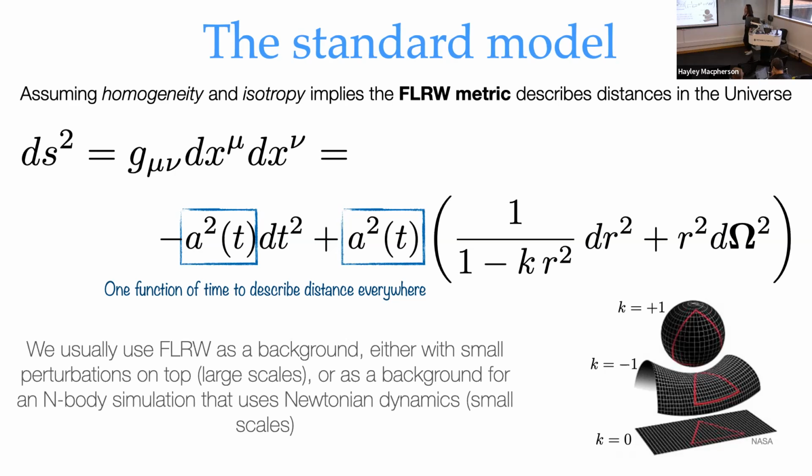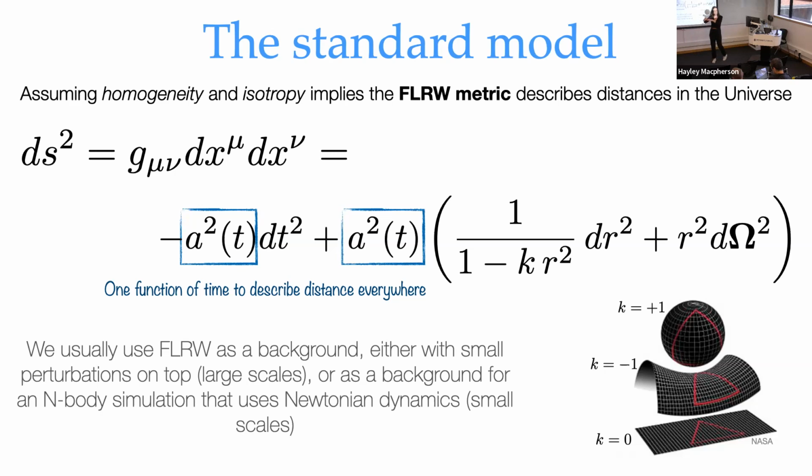And so, as I said before, we don't really assume that the universe is perfectly FLRW everywhere. We typically use this as a background or a zeroth order description for the dynamics of the universe. And in particular, this depends on the specific problem that we're interested in. If we're interested in really large scale cosmological dynamics, we will typically use FLRW as a background with small perturbations on top.